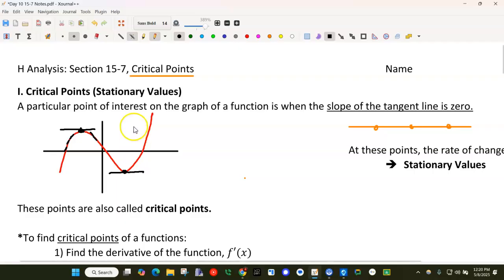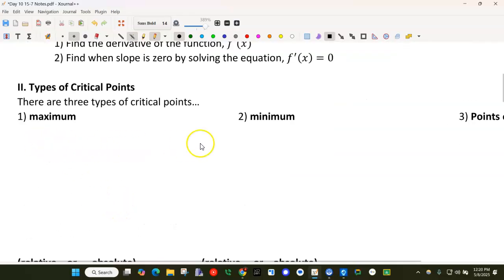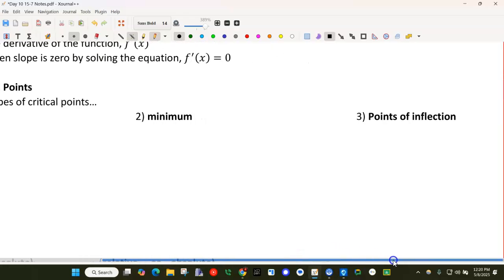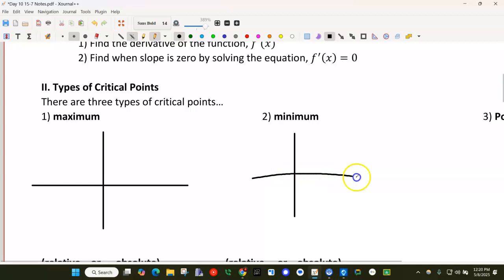So we're going to call these different names from now on, which you're already familiar with. How about maximum and minimum? And there's going to be one more called points of inflection, which is probably new. Maximum and minimum we're pretty familiar with. We're still going to solve those.